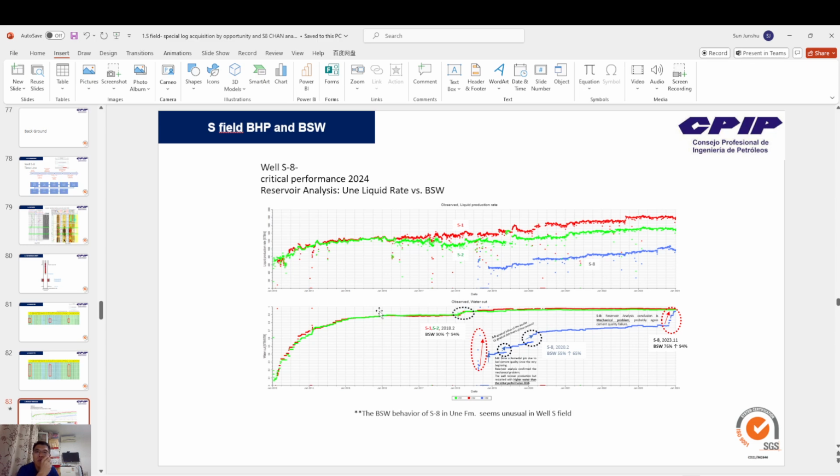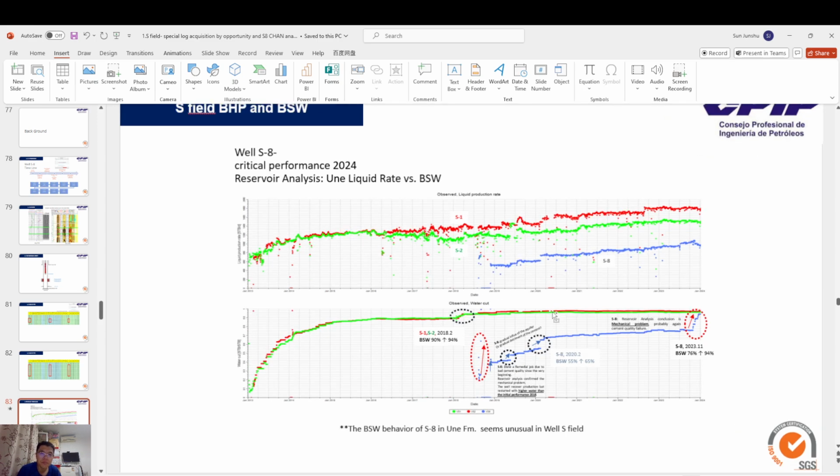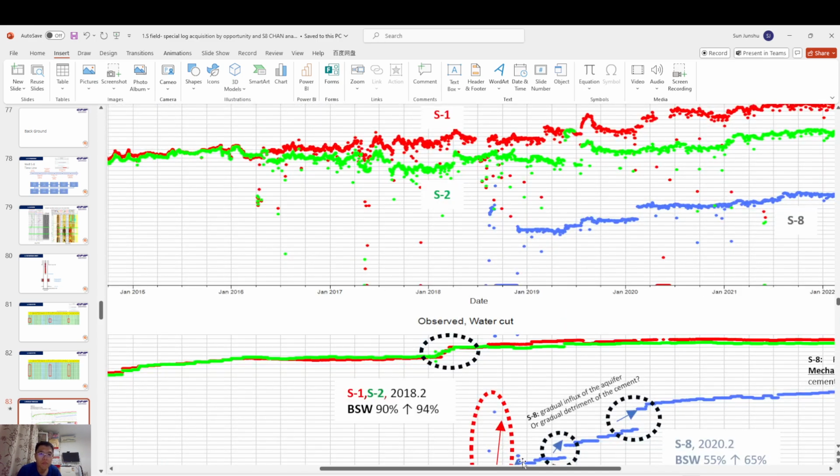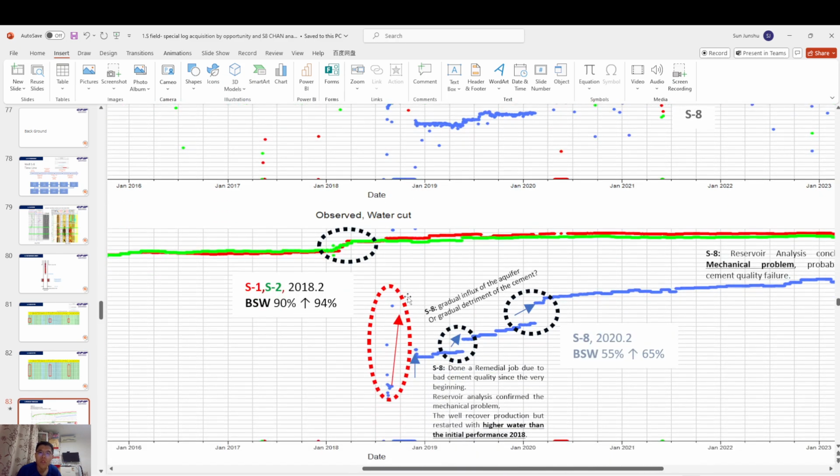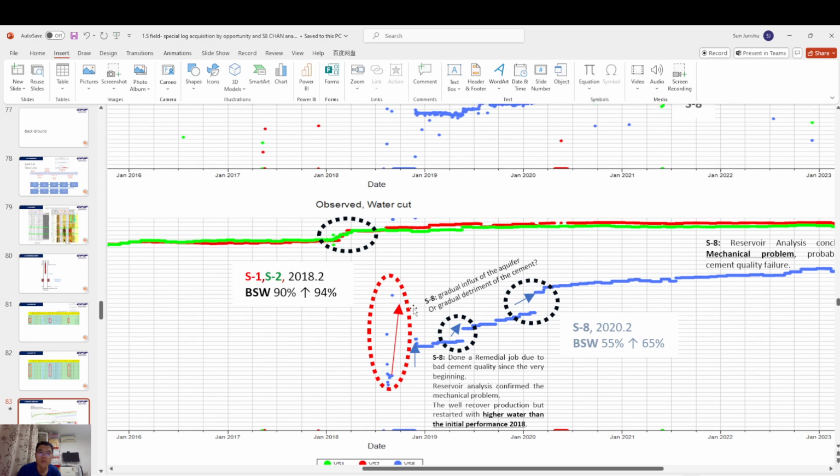This is the only liquid rate and BSW. So, gradual influx of the aquifer, or gradual failure of the cement.